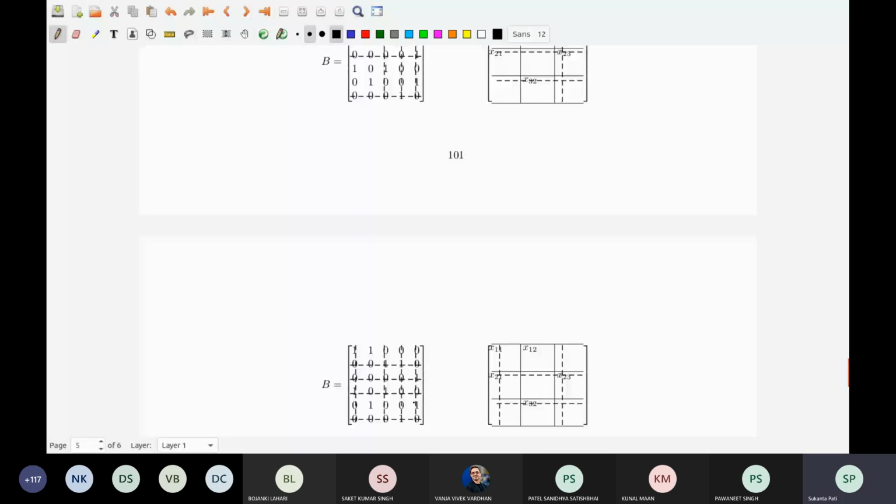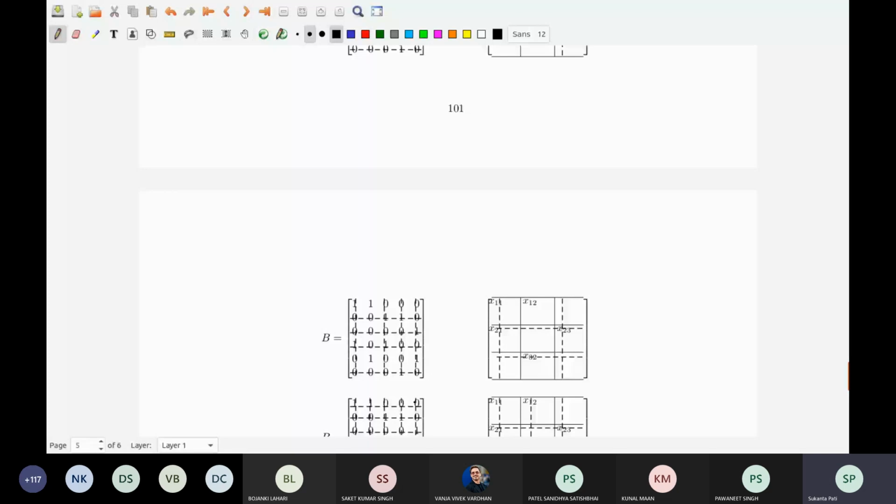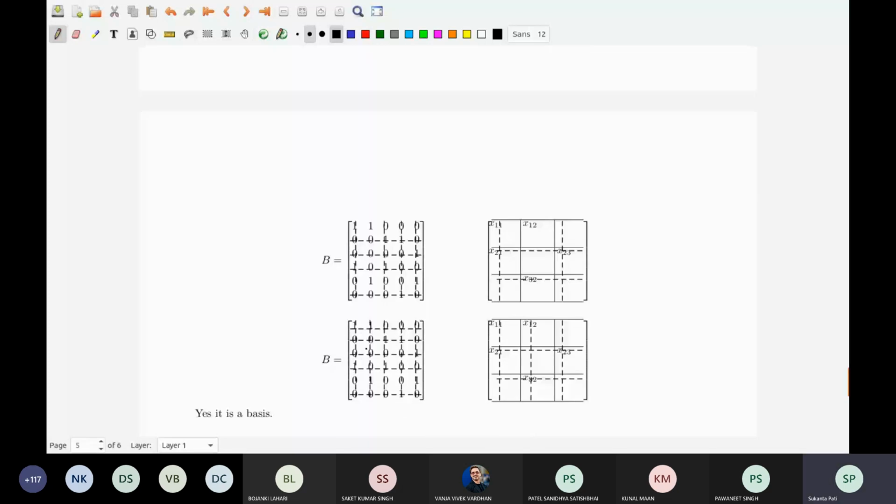Here, what I have done is choose whichever; I have selected the first row, this line and this column.